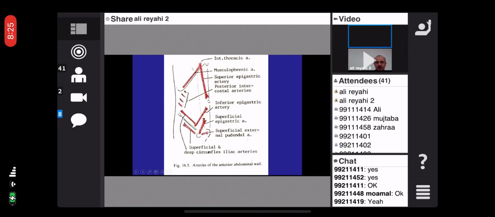You can see again all of these branches supply the abdominal wall, okay?